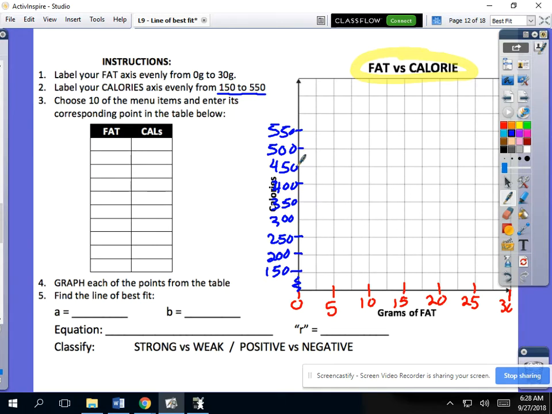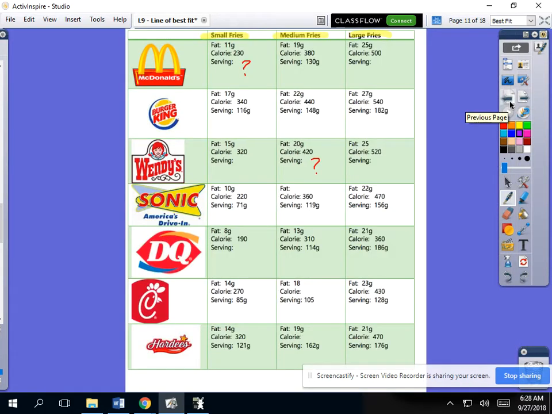Okay, so take a second, make sure your graph is created. We've got our axes labeled. So now what we need to do is choose, like I say here, 10 of the menu items to enter into our table below. So I'm just going to come back to our table here, and let's choose 10 of these.